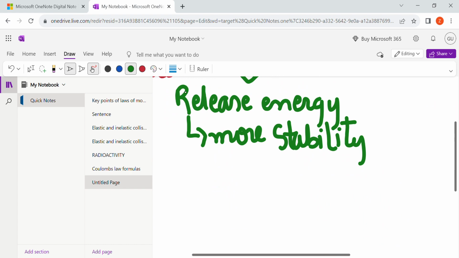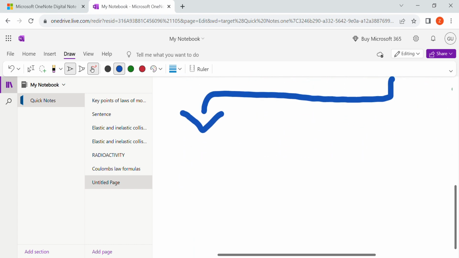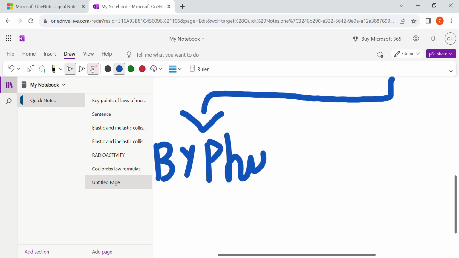Alright, now for getting stability, an atom gets stable by two things: by physical combination and by chemical combination.